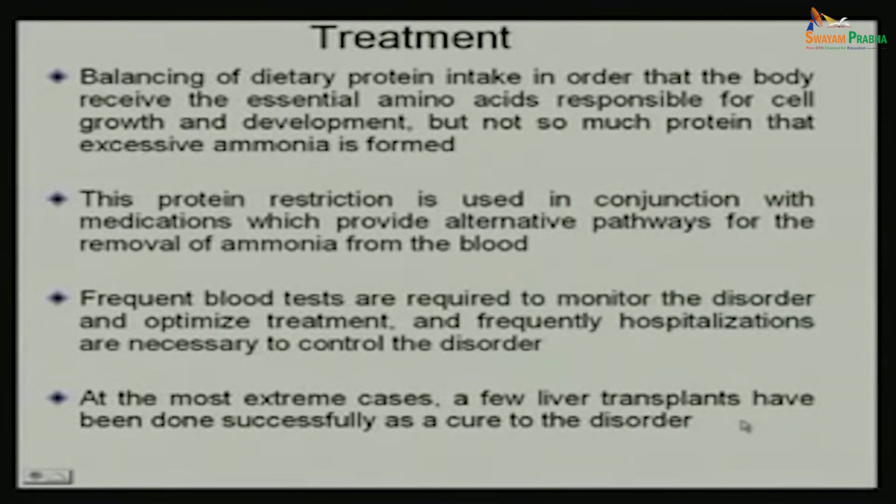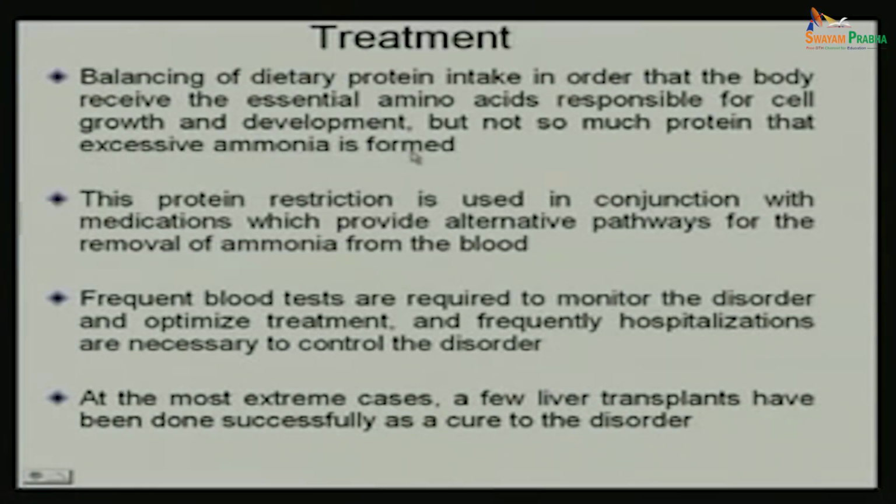Now, to treat such patients, we have to give a controlled diet where the protein intake should be minimum, because there should not be much protein that can generate excessive ammonia, which is formed out of these protein molecules.